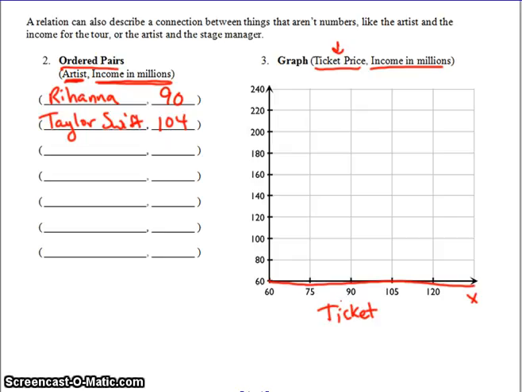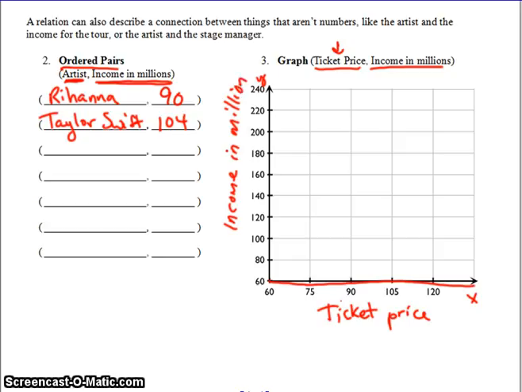And then the vertical axis, or the y-axis, is the income in millions.